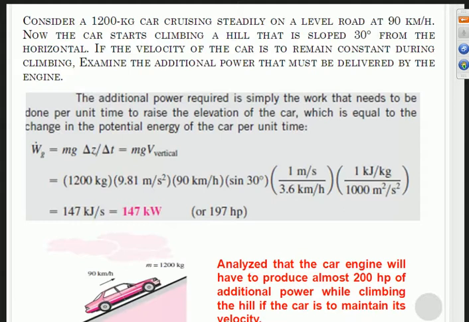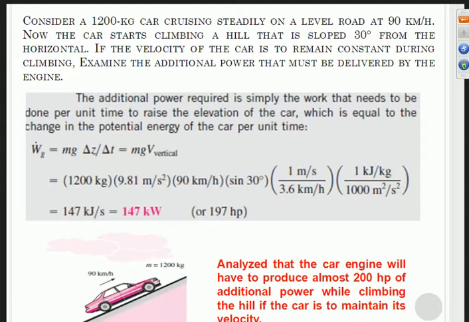So in the diagram I have represented velocity as 90 km per hour at an inclination of 30 degrees. I have represented here mgv sine theta: mass 1200 kg, g we know 9.81 meter per second squared, v 90 km per hour, sine 30 degrees, and unit conversions I have represented, and we got 147 kilowatts, approximately 197 HP.